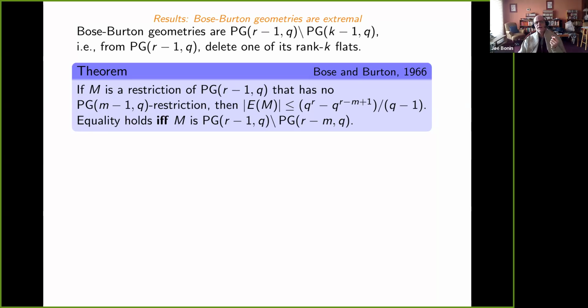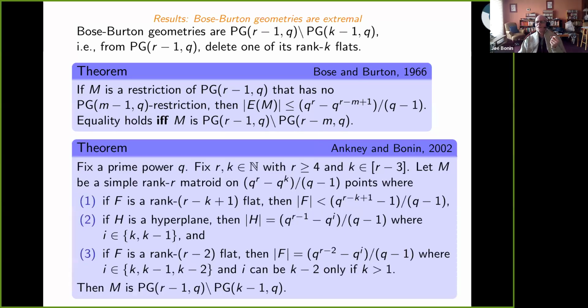Well, one thing that they are is Tutte unique. That's why I was thinking about them years ago. So here's a result with another of my students from years ago. It's a characterization of most of the Bose-Burton geometries, not all of them. Instead of reading all the details, let's just notice this applies only if I'm looking at PG(r-1,q) delete PG(k-1,q), where k is less than r minus 2.